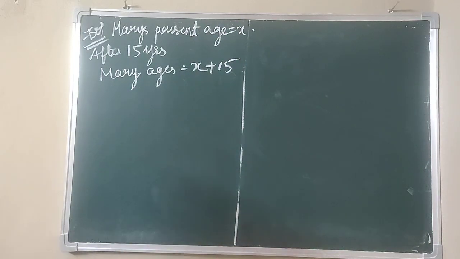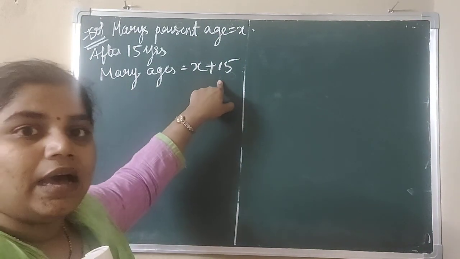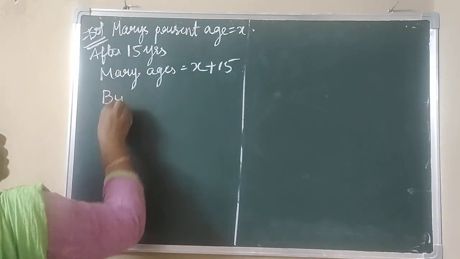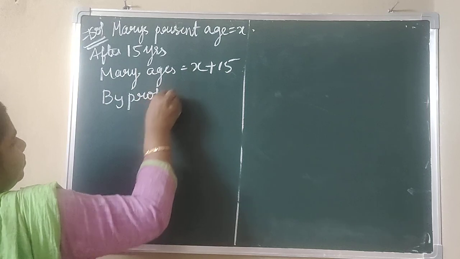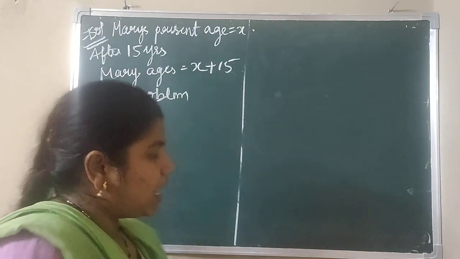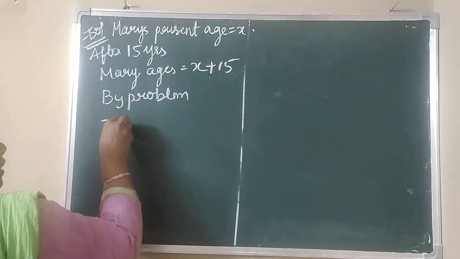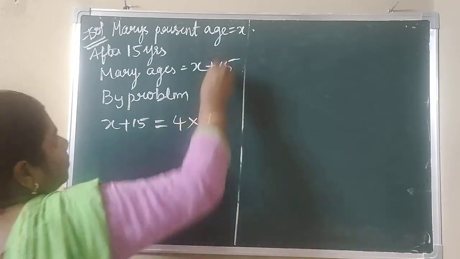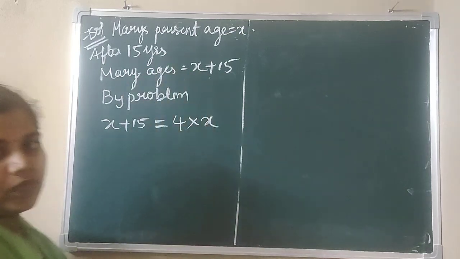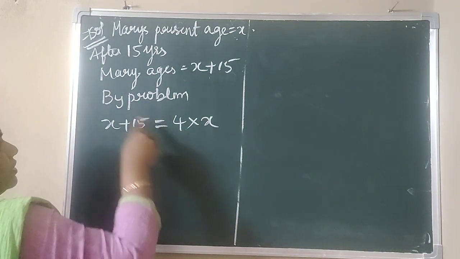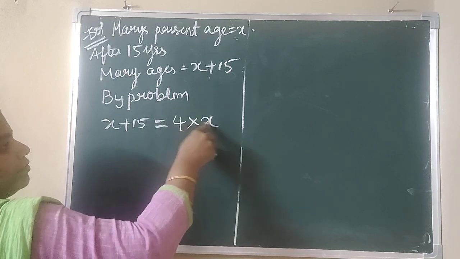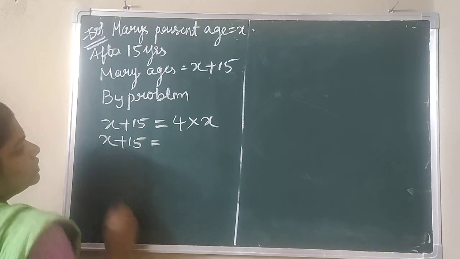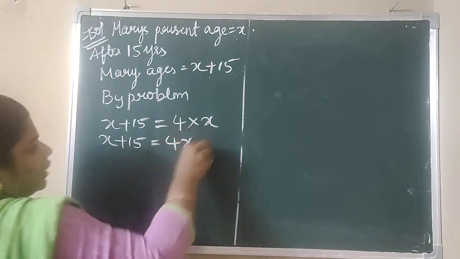So by the problem you can write, after 15 years is x plus 15, her age will be 4 times the present age, which is x. So we can write x plus 15 is equal to 4 into x, that is 4x.